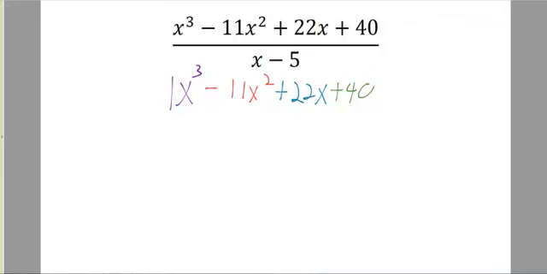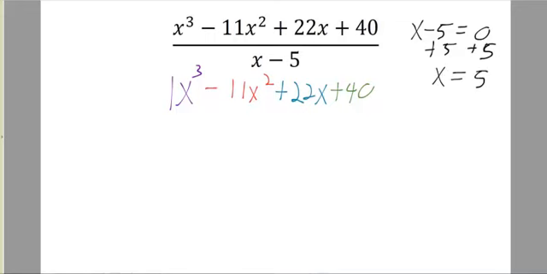Okay guys, so for the last example, what we're going to do is color code it just to help bring it home. Again, we would find the 0 of x minus 5, so set this equal to 0, add 5 to both sides, and we would get x equals 5.